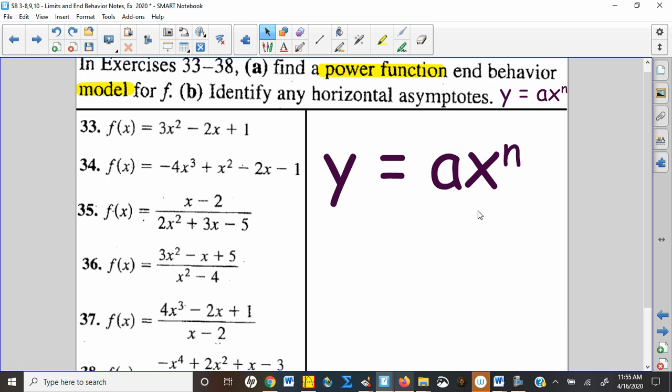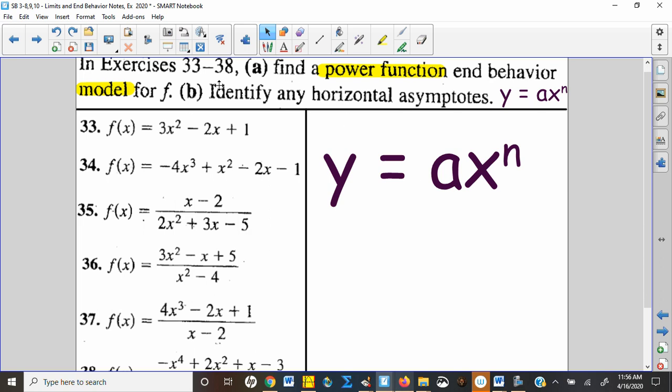It should have a variable, or it doesn't really count, and then it should have a positive integer exponent n. So that's called a power function. Your calculators have power function regression built into them. At lower levels, they will do an entire like quadratic or cubic equation, but after that, they really just do power functions. But the power functions can get pretty powerful.